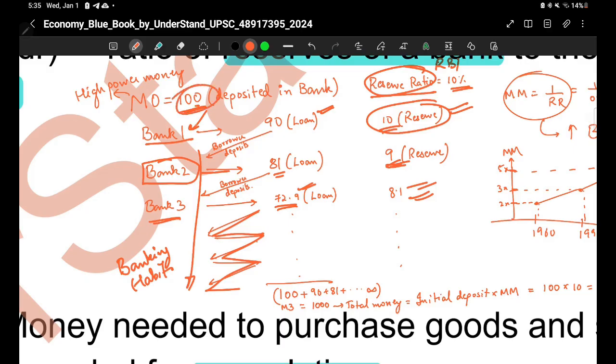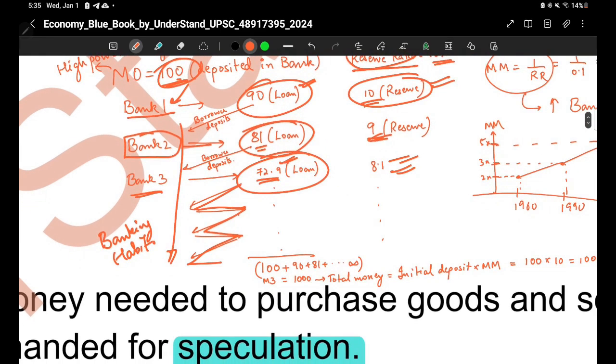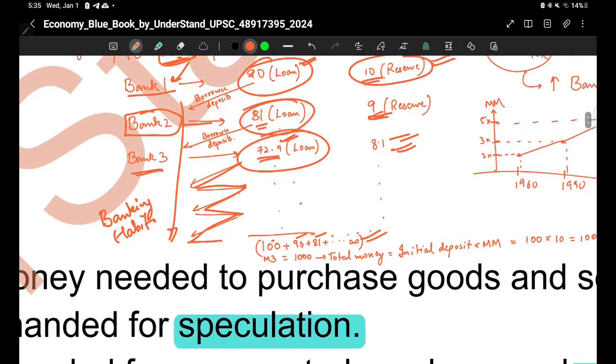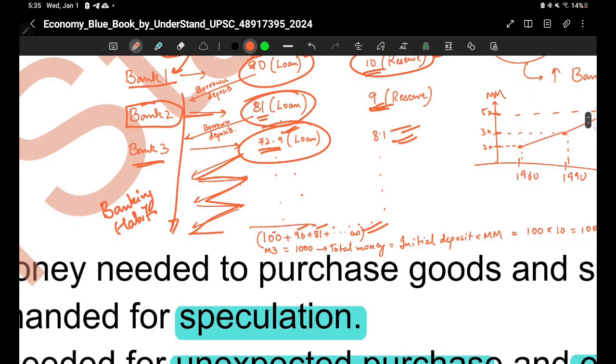You can see here 100 rupees was initially there, then 90 rupees was given as loan, then 81 rupees, then 72.9. If you add all this, 100 plus 90 plus 81, and so on up to infinity, let's say, it won't be infinity, but a very small amount, you're going to get 1000 rupees.